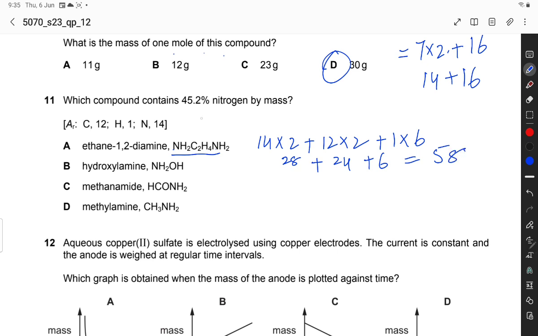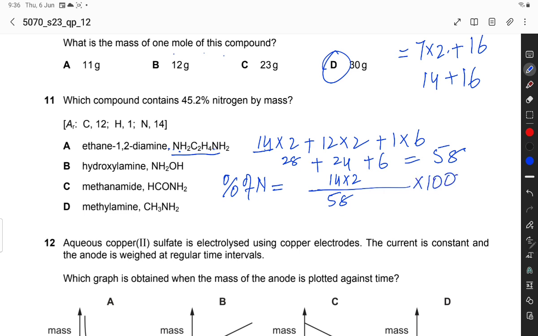So if we want to calculate the percent nitrogen by mass, this is the formula of percent of nitrogen. Ar of nitrogen 14 into number of atoms 2, that is 14 into 2, divided by Mr of compound 58, into 100.